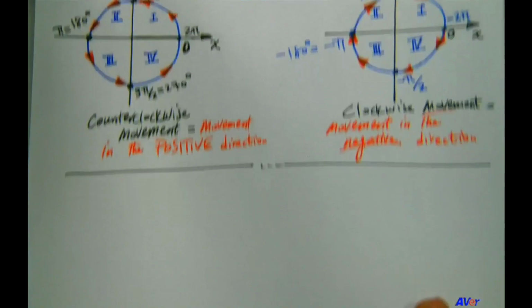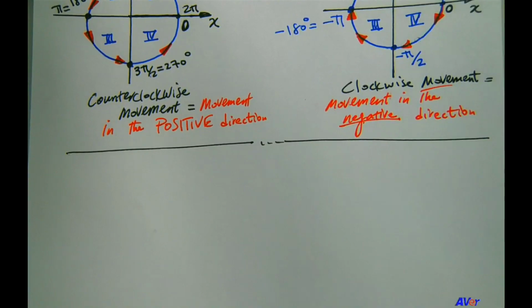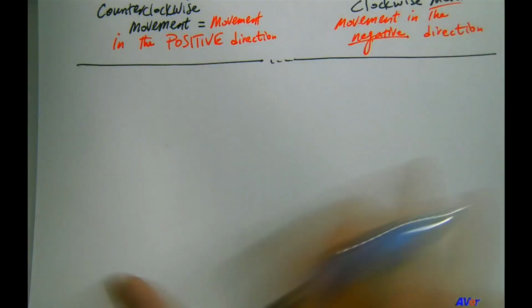The other concepts that we need to become familiar with are the concepts of a reference number and the terminal point. So let's talk about that. Or we can pose the question first.